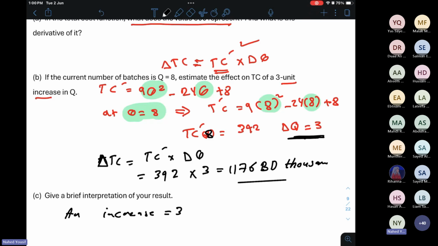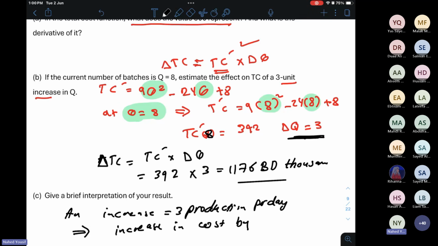With the 3 production increase per day, it will result in an increase or rise in cost by 1176 BD thousand per month.